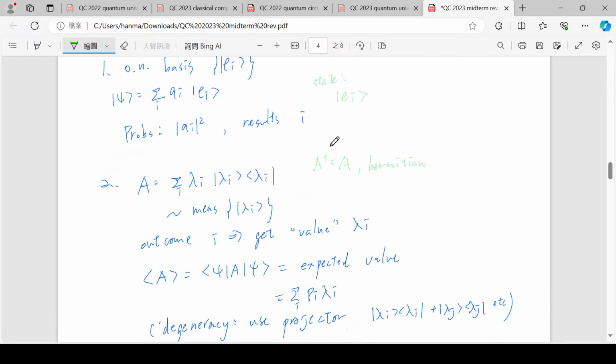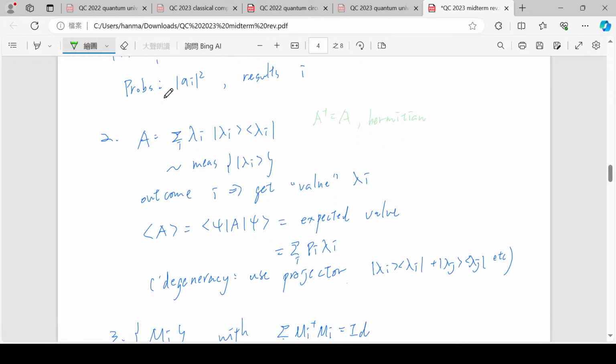And then you can also measure an operator. An operator is a Hermitian matrix, meaning A dagger equals A. If it's Hermitian, then you can diagonalize it into the sum of lambda_i times the projector onto the eigenvector, where lambda_i are eigenvalues and the ket lambda_i, bra lambda_i are projectors onto the eigenvectors.